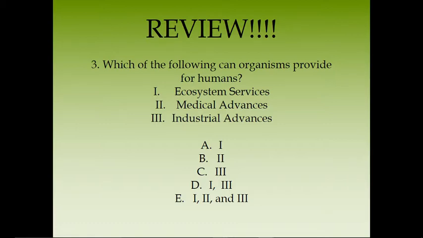Is it D, I and II? Or is it E, I, II, and III? I will give you a few seconds to think about this one. If you said E, I, II, and III, you'd be correct.